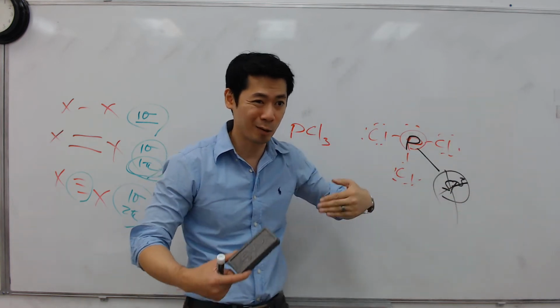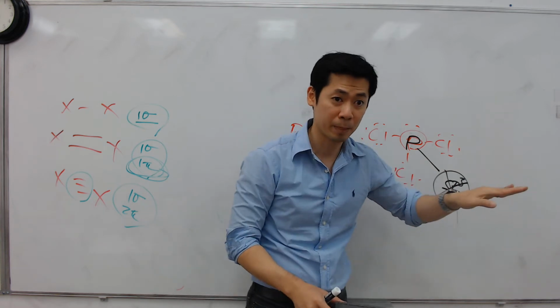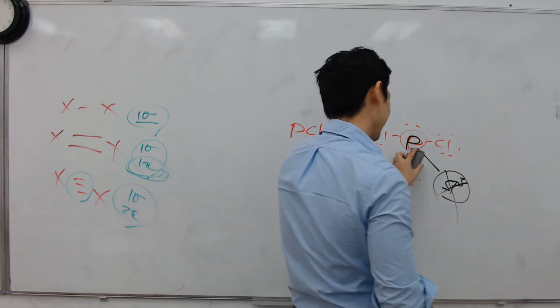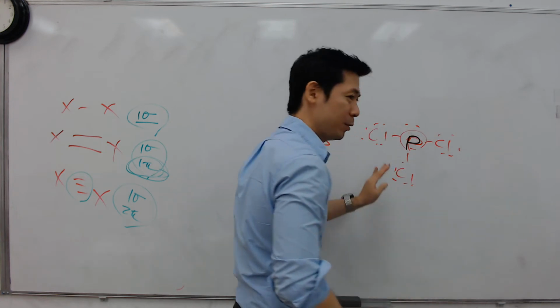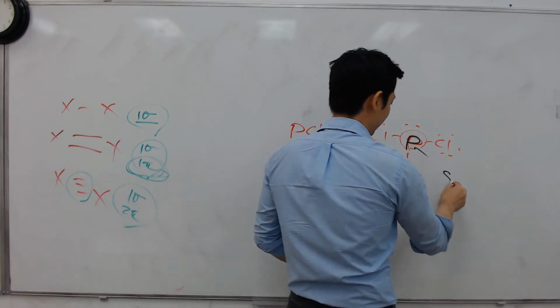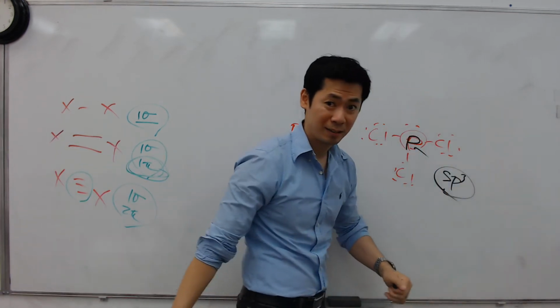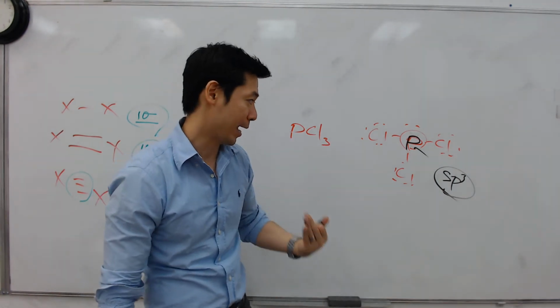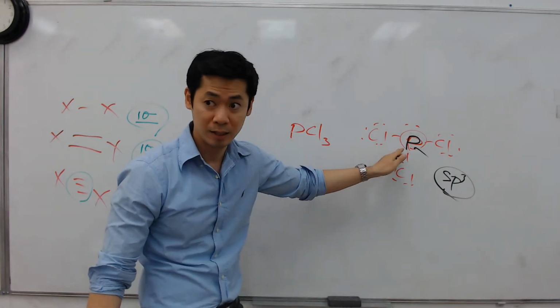But if College Board gives you this, it's still sp3. Even though this is the third principal energy level, they still hybridize.